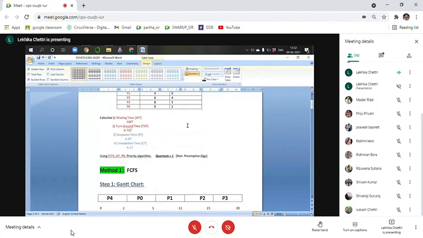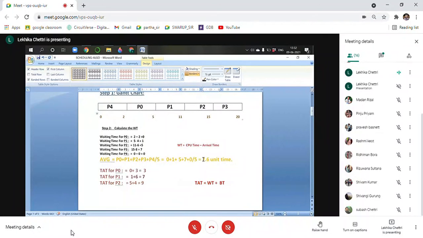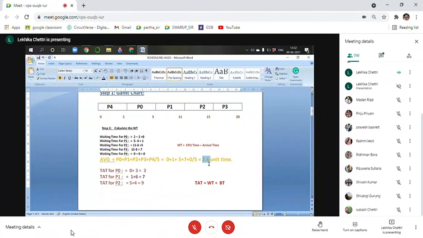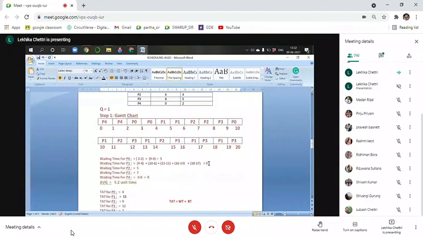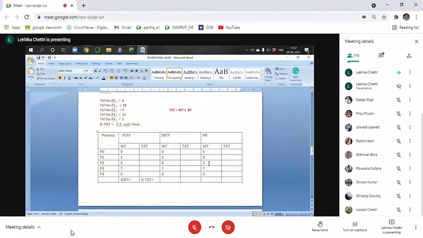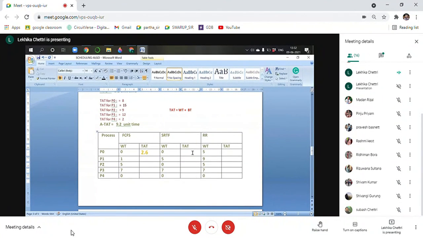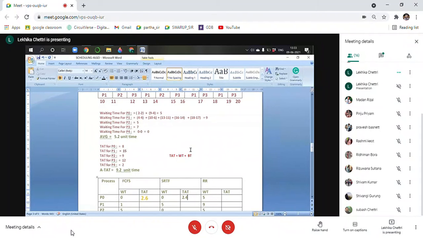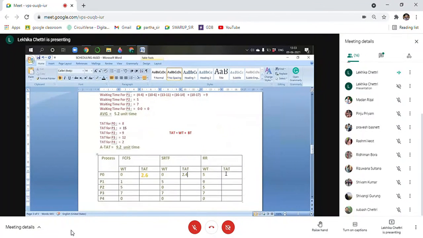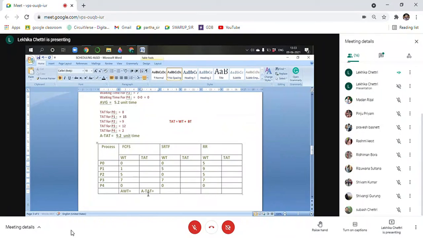What was the average waiting time for FCFS? The average waiting time was 2.6. Leave this one.